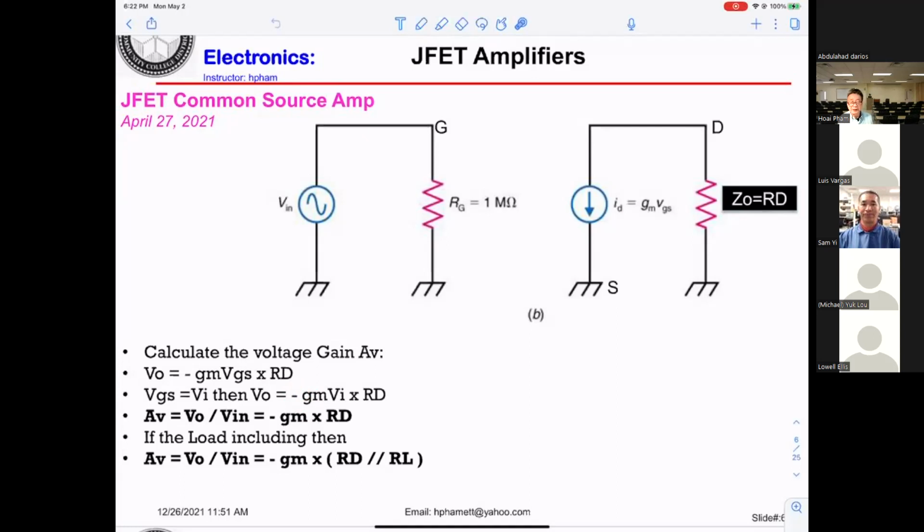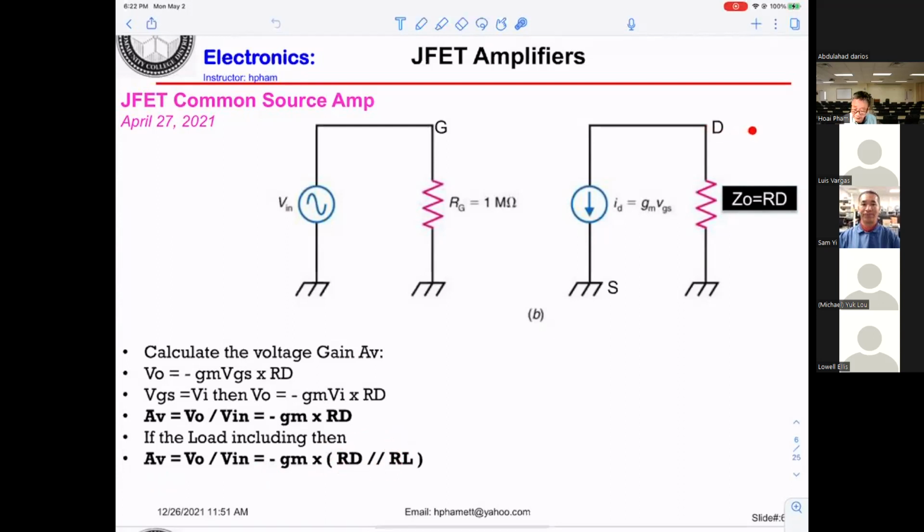That means input positive, output negative; input negative, output positive. If the load is included, then AV will be minus GM times RD parallel with RL.